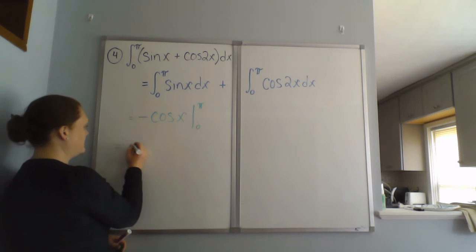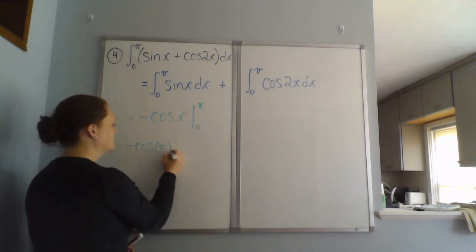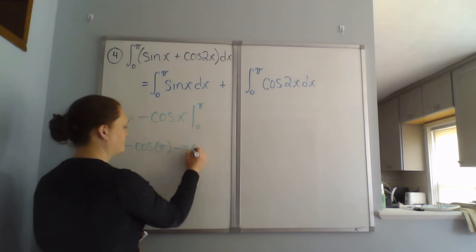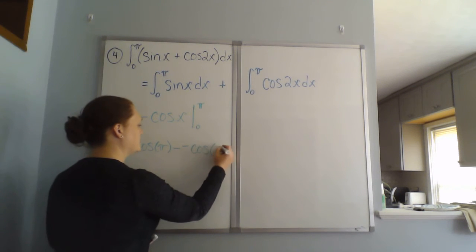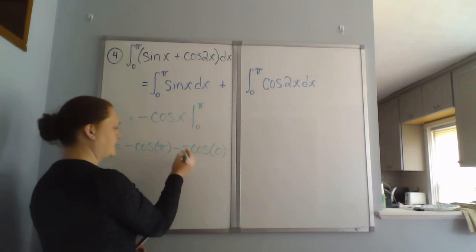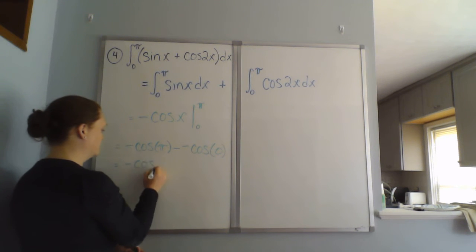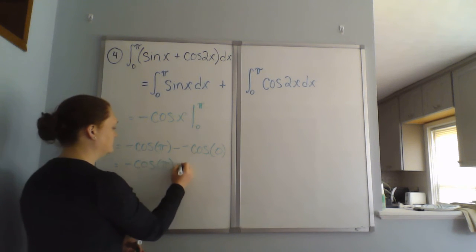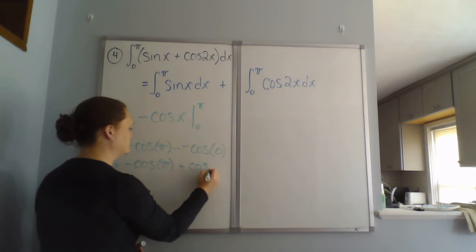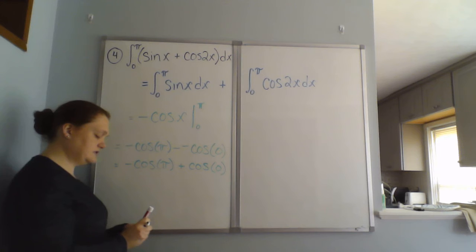So that's going to be the negative cosine of pi minus the negative cosine of 0. So that double negative, we can actually turn that into a plus sign. Okay? So I really have negative cosine of pi plus the cosine of 0. So we need to know, well, what's the cosine of pi? What's the cosine of 0?